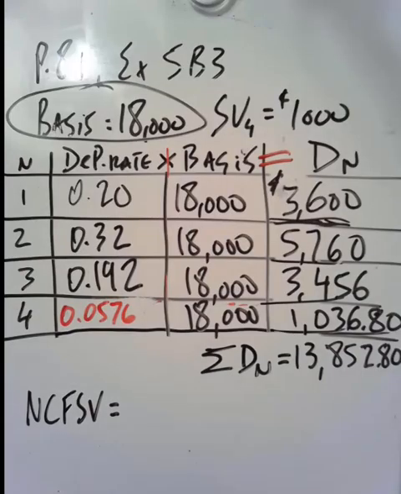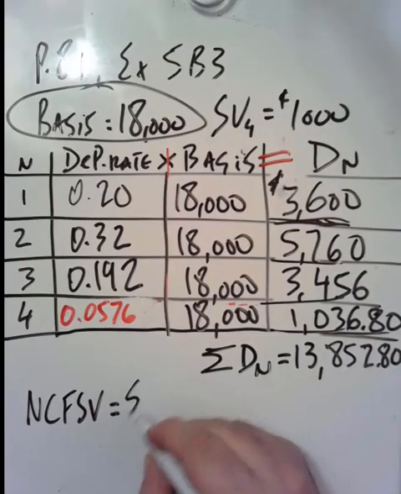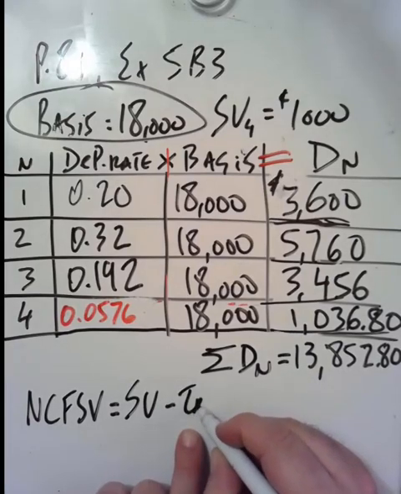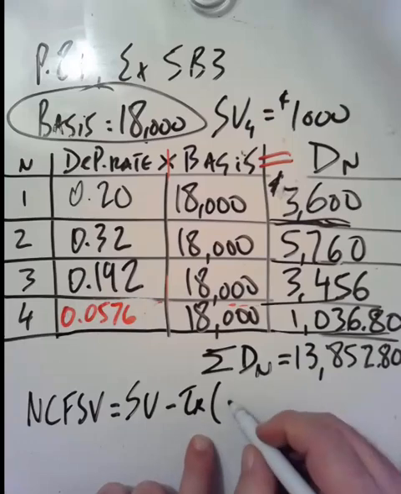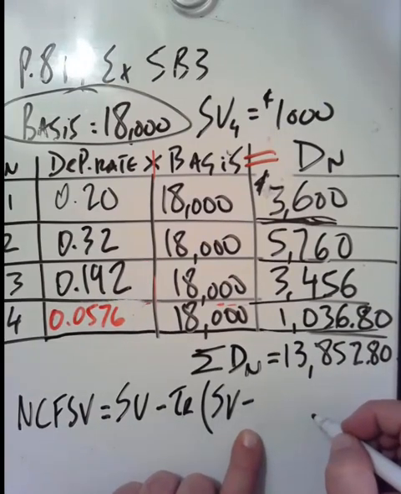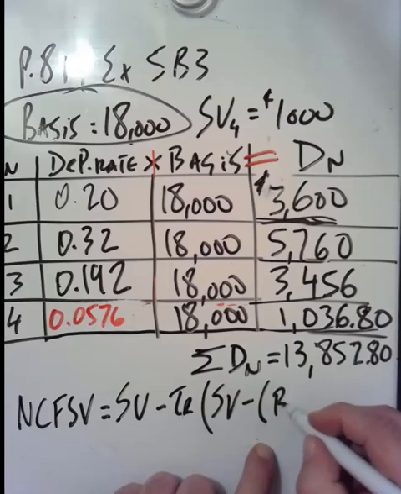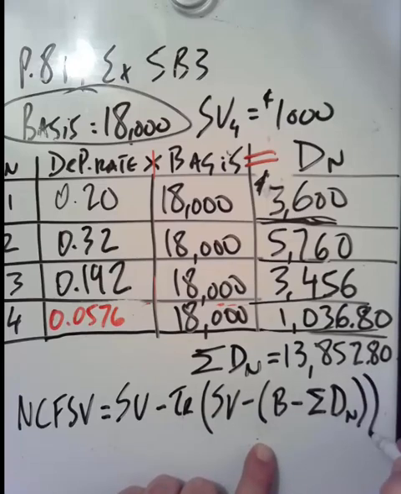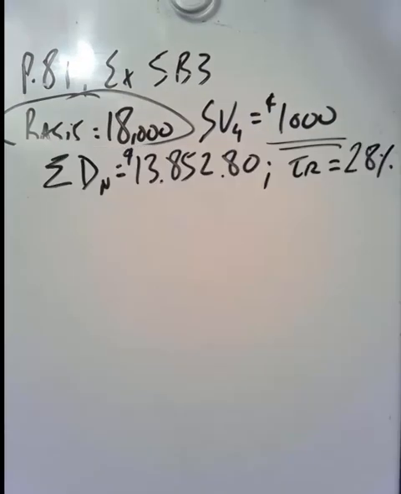Let's solve this. So it's equal to the salvage value minus how much we pay in taxes. And how much we pay in taxes is the tax rate times the difference between the salvage value and the book value, where the book value is equal to the basis minus the summation of all the depreciation recorded up to the moment in time. So let's clean this.